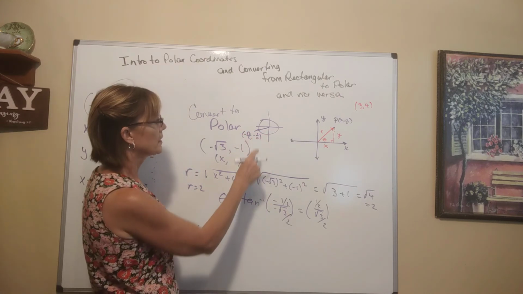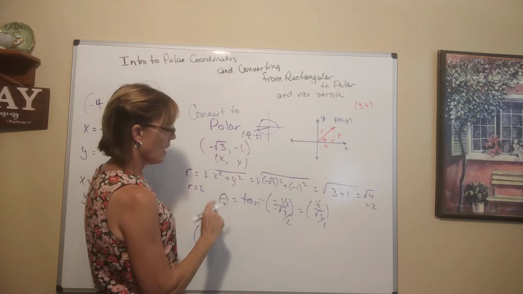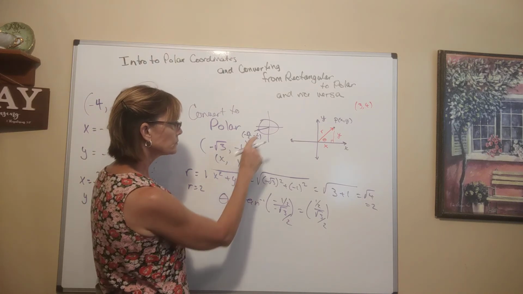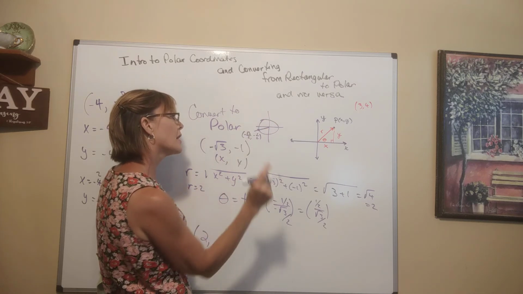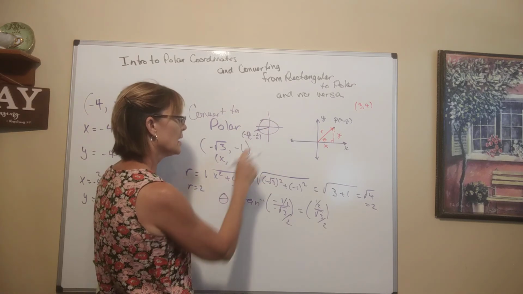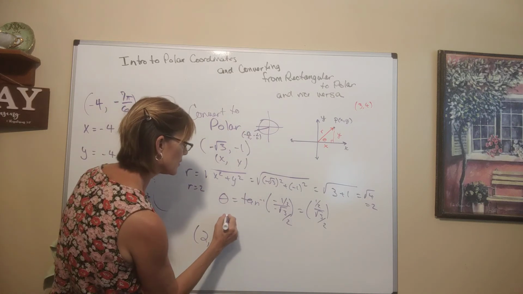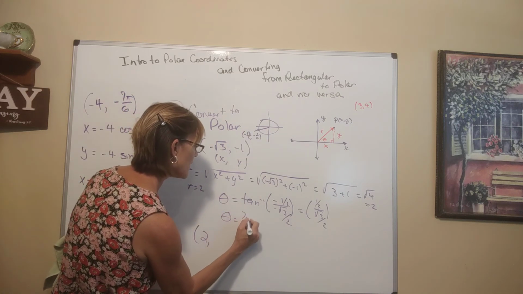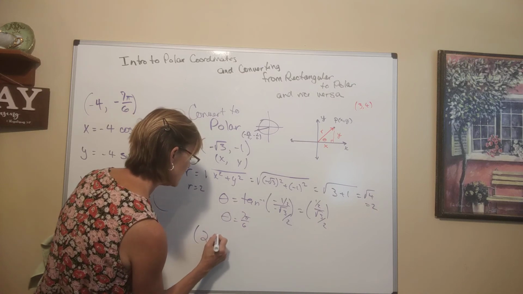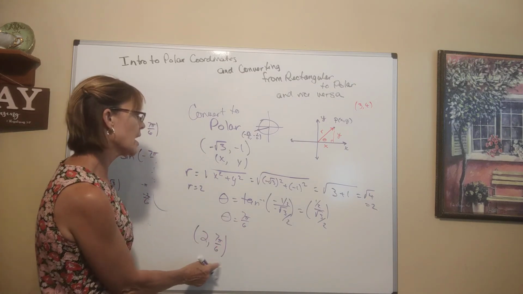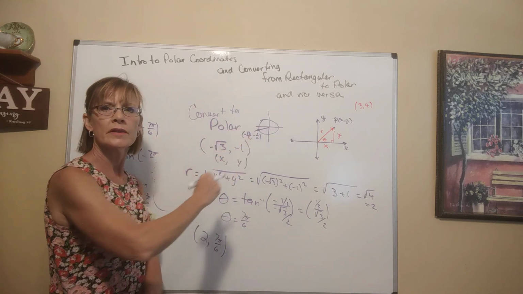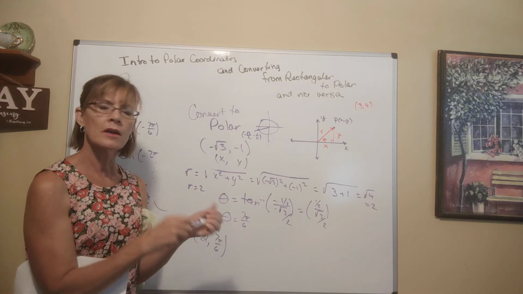Sine over cosine would be 1 over square root of 3. That is going to be 7 pi over 6 is what this angle is when I look at my unit circle. So theta is 7 pi over 6. So we have to be careful that we choose the angle that would be in the correct quadrant. That's the only little tricky part right there.